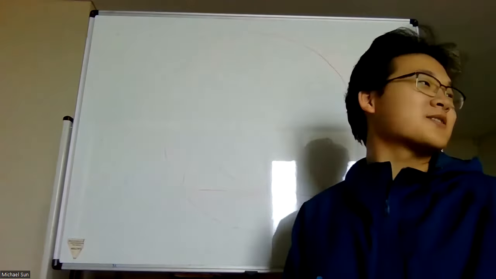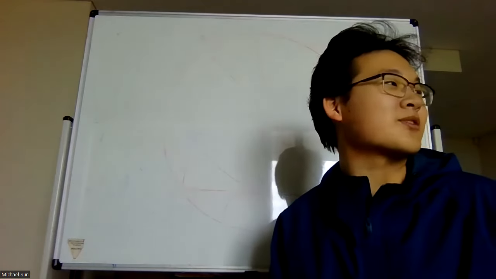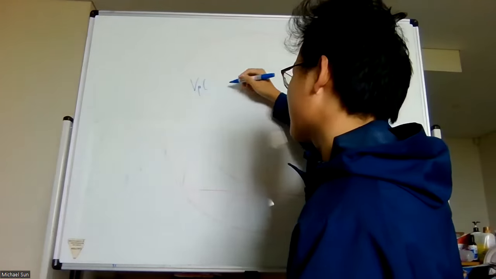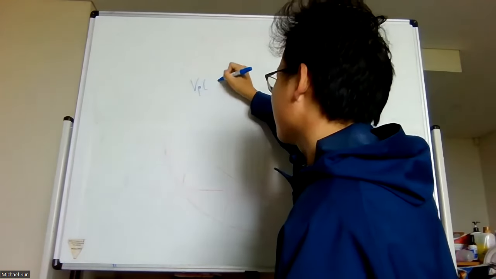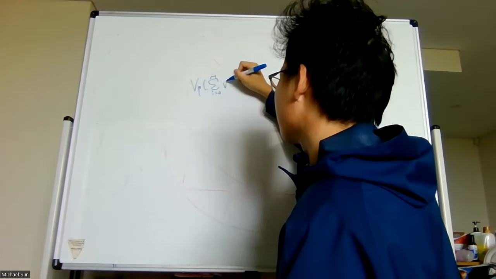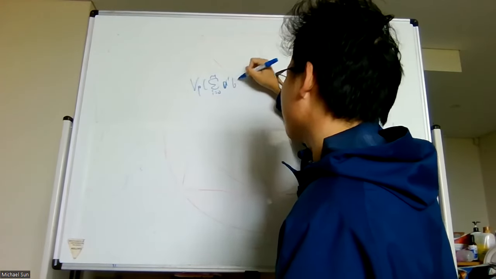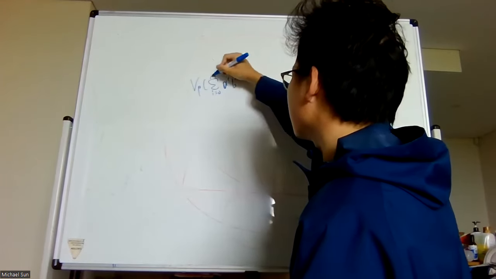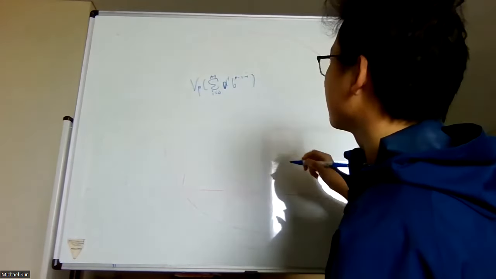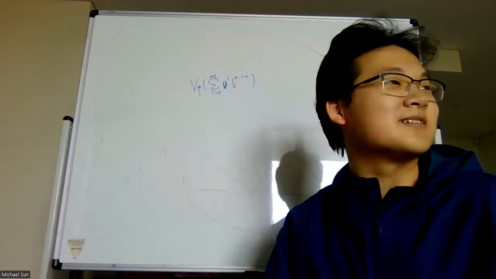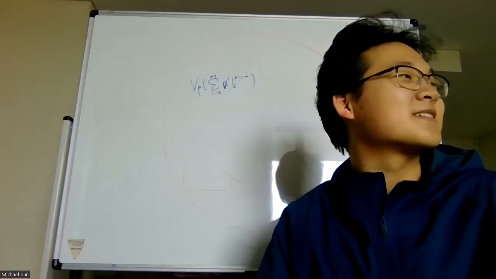Do you guys have any ideas how to prove it? What could you try? I'll first write it on the board. Do you guys have any ideas? I'll try to go off that, and then we can see if we can solve it. Ideas, guys?